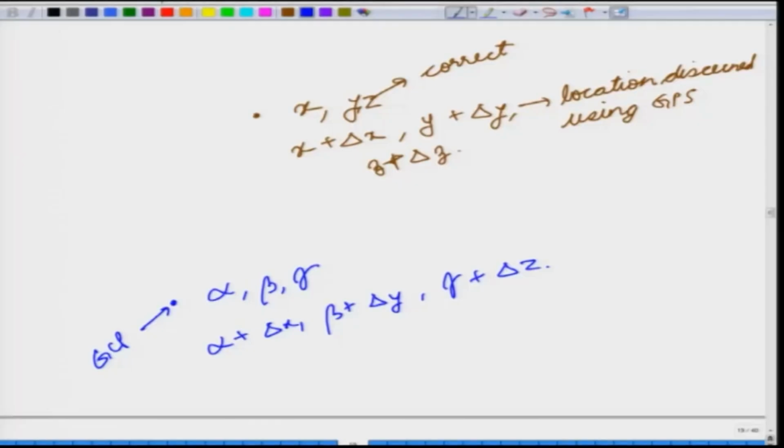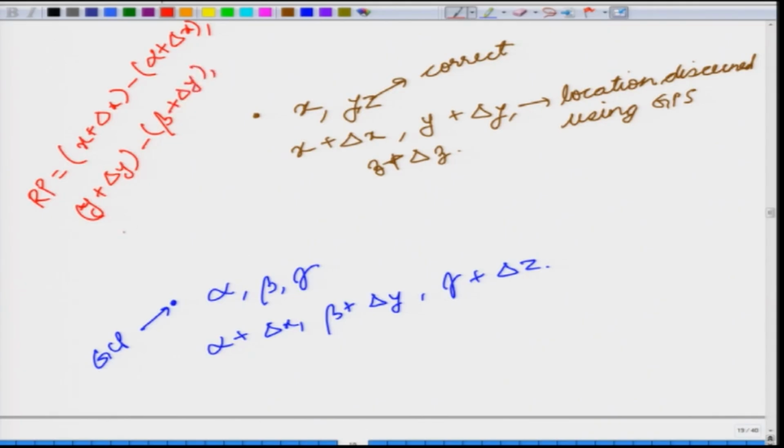This is a point whose location you know exactly. Now, if you want to find out the relative position of the brown point with respect to the GCP, then the relative position is given by x plus delta x minus alpha plus delta x, comma y plus delta y minus beta plus delta y and z plus delta z minus gamma plus delta z.